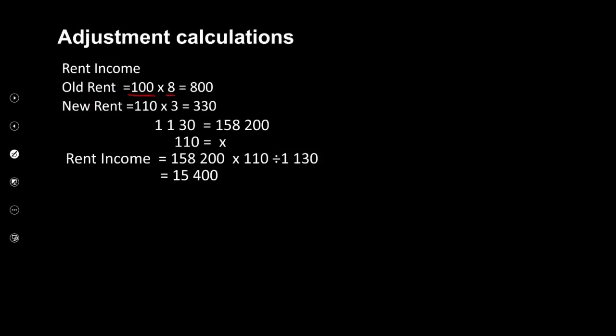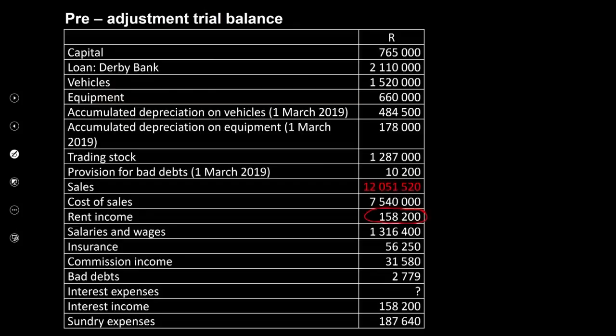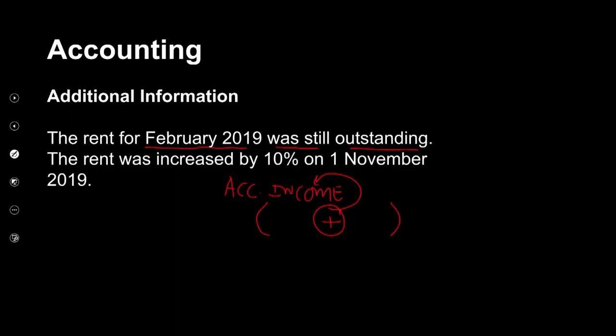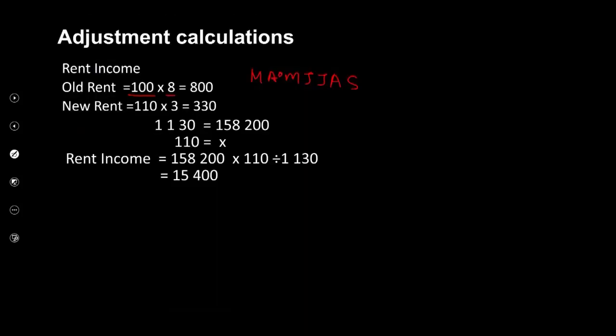From the beginning of your financial year, which started in March. So it's March, April, May, June, July, August, September, and the rent was increased on the 1st of November. So September and October. If you count this, it gives you 1, 2, 3, 4, 5, 6, 7, 8.